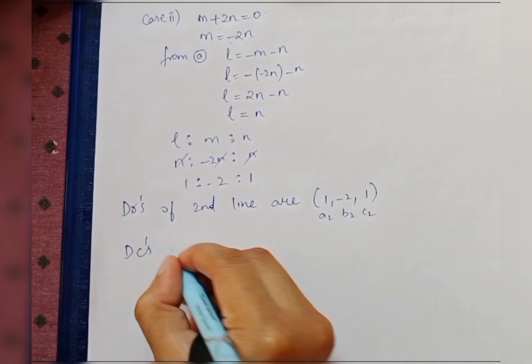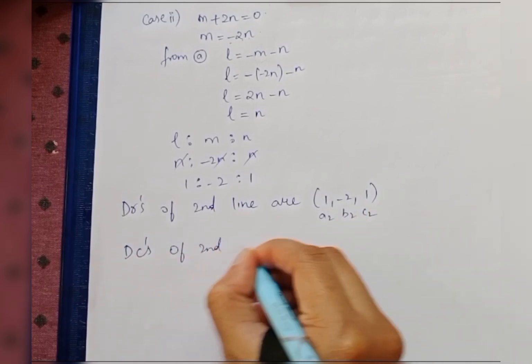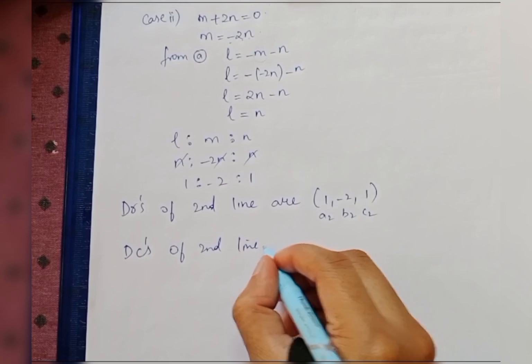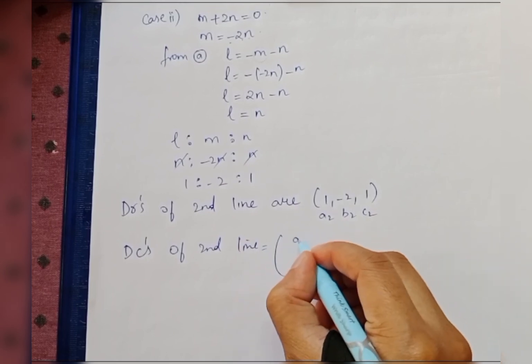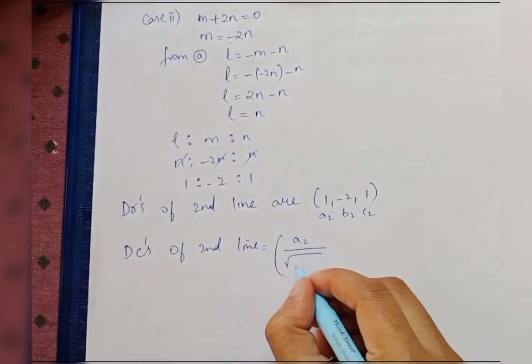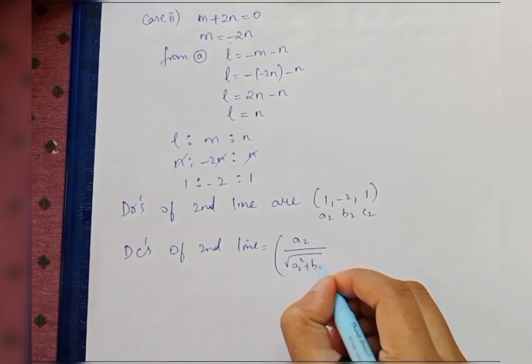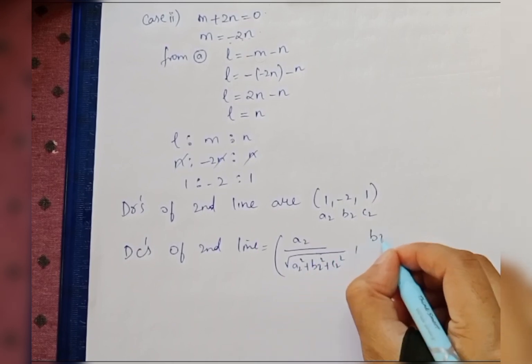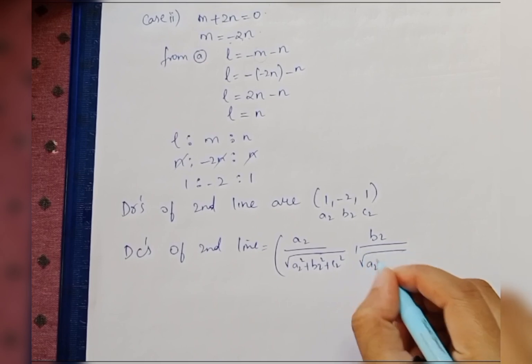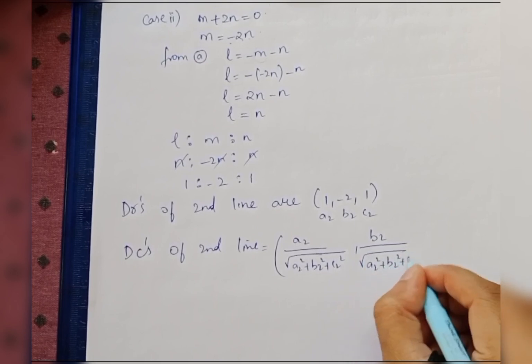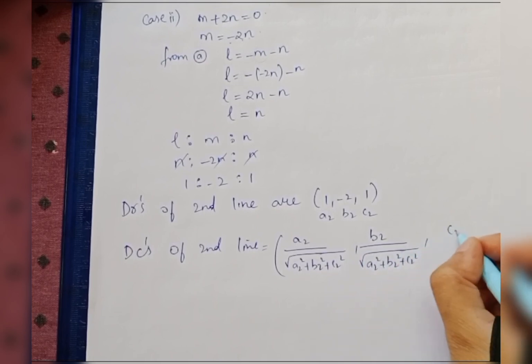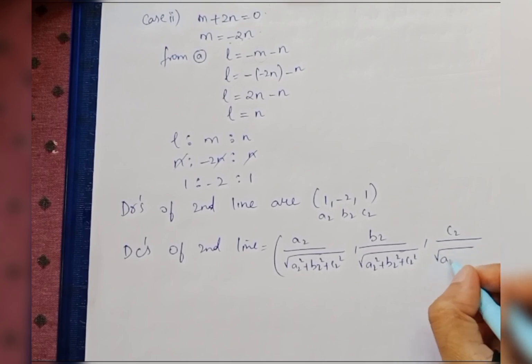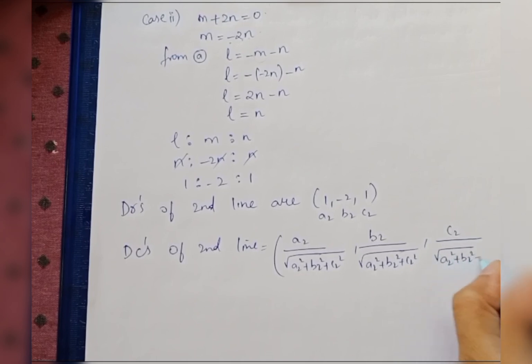So DCs of second line, the formula will be the same. Here a2 will come, so it is a2 by root a2 square plus b2 square plus c2 square, comma, b2 by root a2 square plus b2 square plus c2 square, c2 by root a2 square plus b2 square plus c2 square.